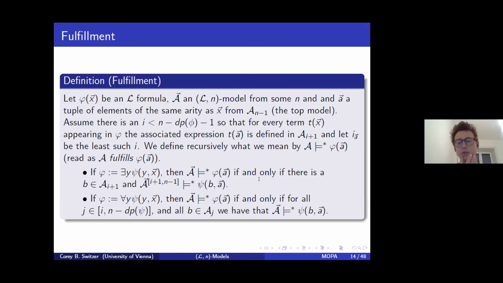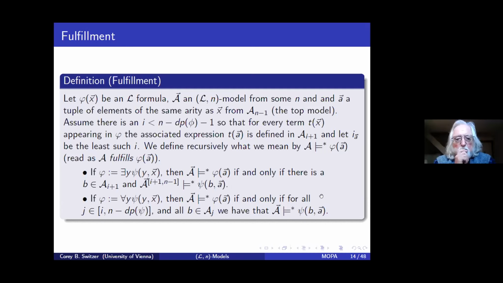And then for the universal case, what I need to know is that if I have phi as for all y of C of y comma x vector, then A fulfills phi just in case, if I look at any j which is after i, but low enough down, so it's below n minus the depth of C, then if I look at every element in one of those more bottom models, we get that A fulfills this.